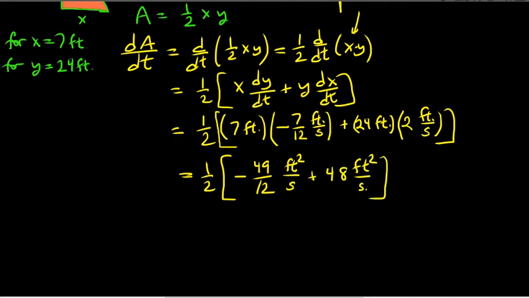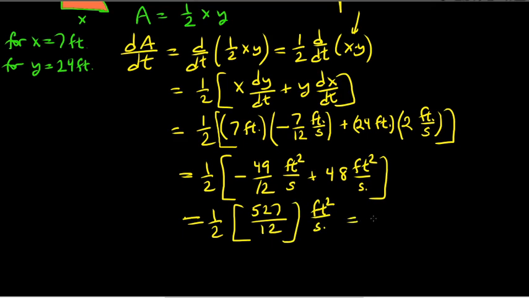Okay, now we have a little bit of math to do here. 48 minus 49 over 12. So 48 times 12 is 576 minus 49 is 527. So what I get in the brackets here is 527 over 12, again in square feet per second.